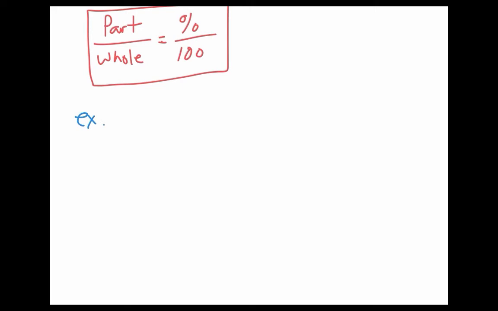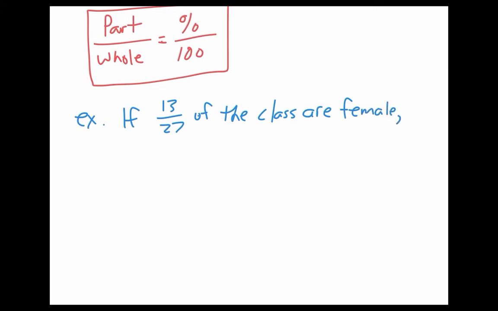So my first example: if 13 out of 27 of the class are girls, of the class are female, what percent are girls?